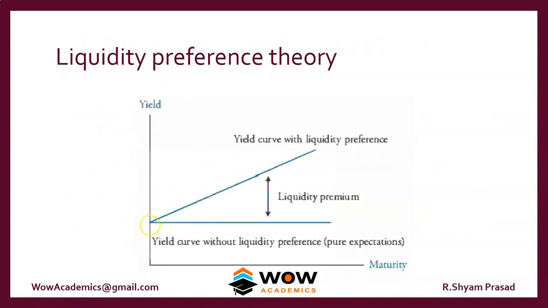So if you see, without liquidity premium, the curve might even be flat. But as investors in the market want a premium, they charge a higher amount of interest for the longer duration of time.